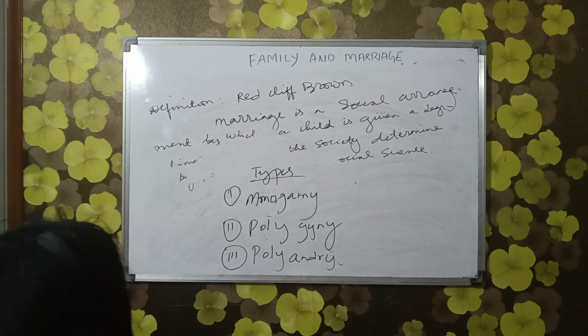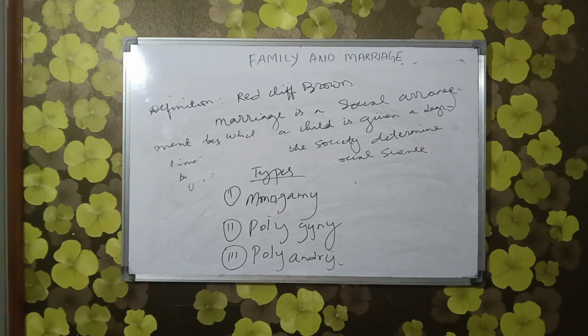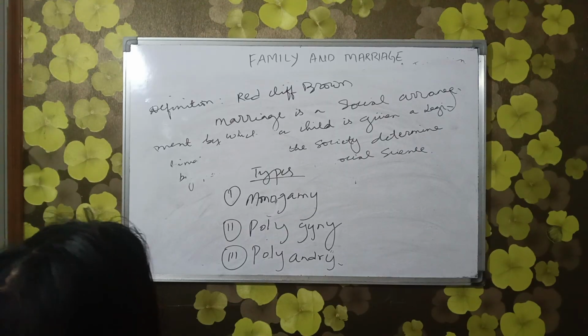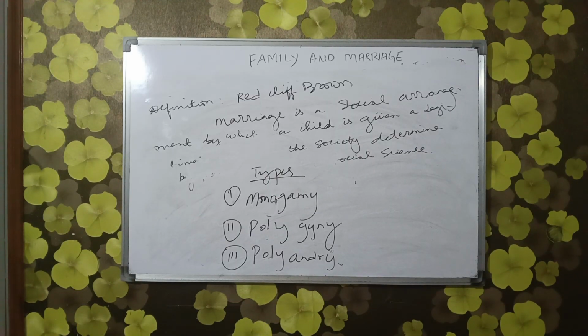Monogamy is where the man marries only one woman. Polygyny means a man marries more than one woman. And polyandry is where the woman marries more than one man.